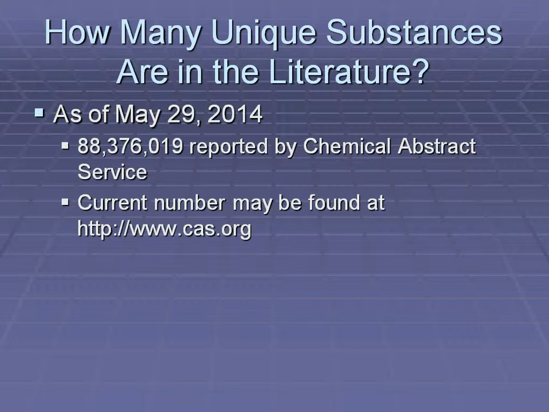So people here at NJIT are more commonly looking for the data for more well-known substances. But if you're interested, go to www.cas.org and you'll see how many substances have been reported since late May of 2014, and it's growing by leaps and bounds.